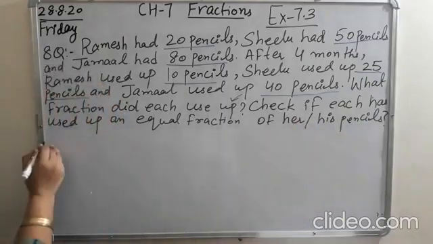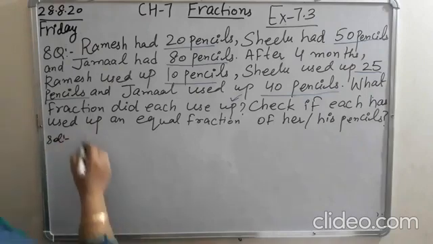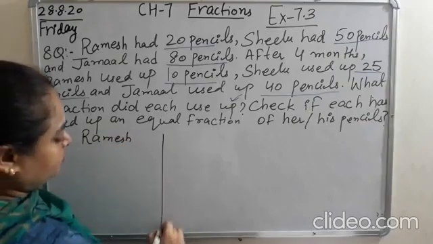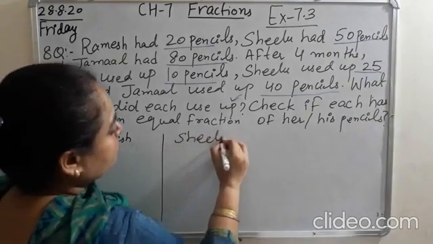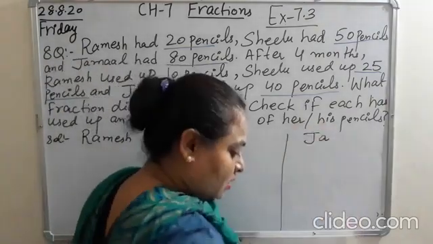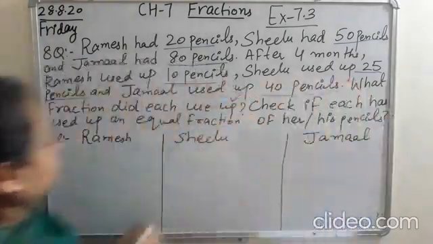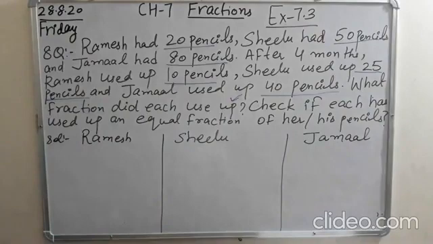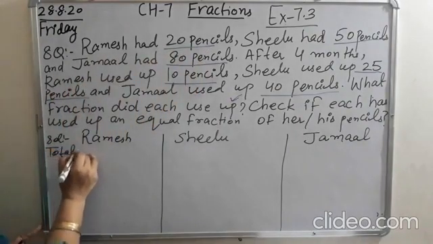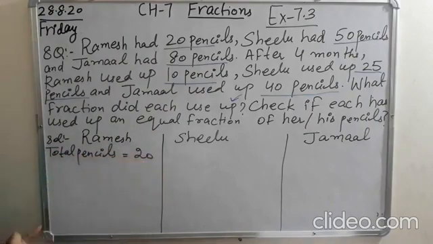Now solution. In this question we have 3 persons: Ramesh, Sheelu and Jamal. Come to the first part. Ramesh had 20 pencils. Total pencils 20.